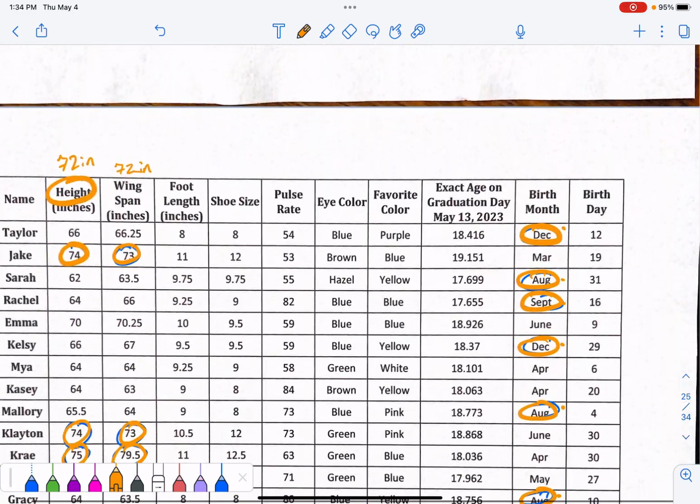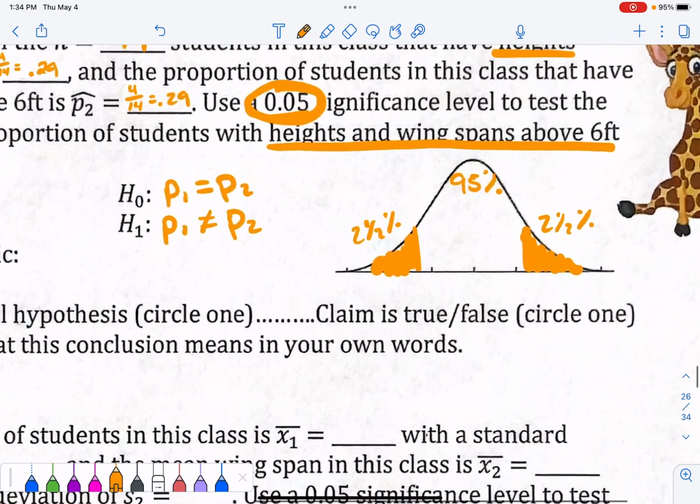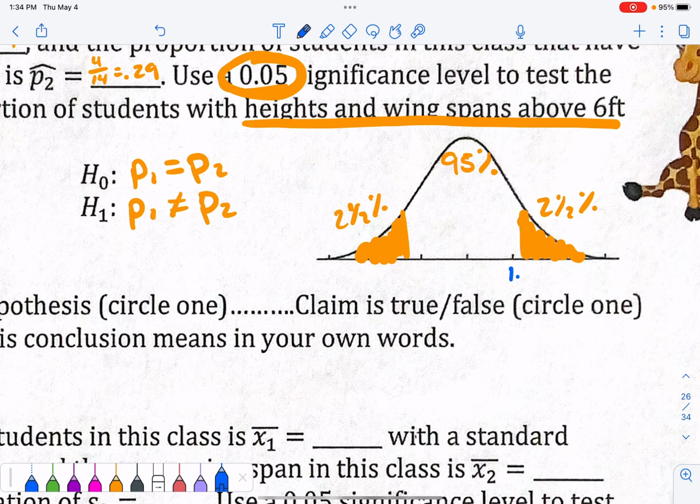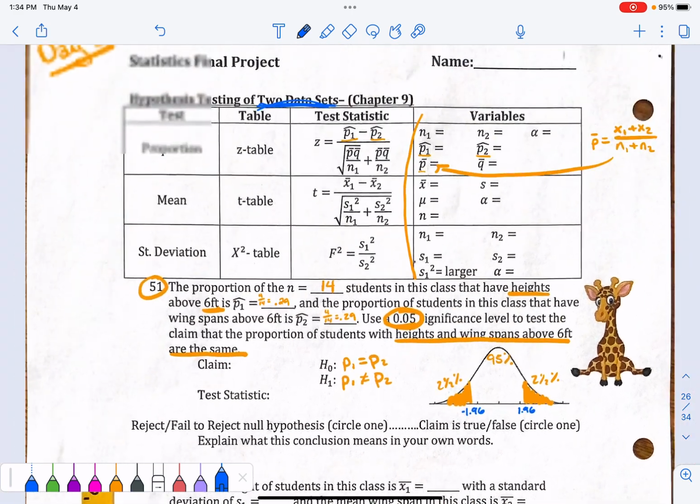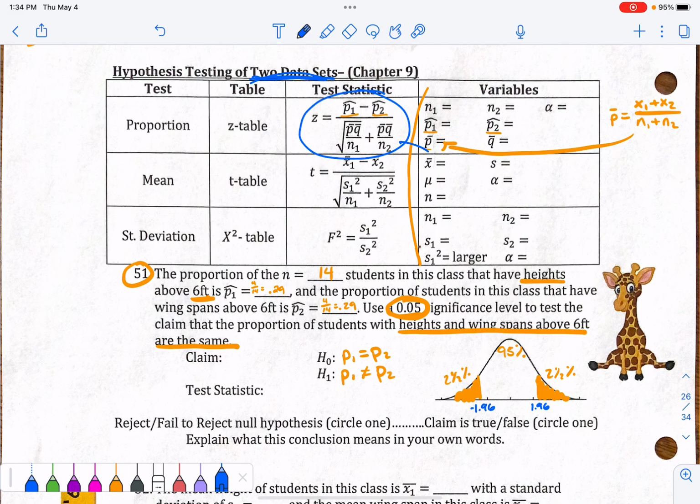All right, and that's going to tell me, okay, 1.96 and negative 1.96, okay? And then we have to do our equation here and figure out where he lives inside of here and then draw a conclusion from there, okay?